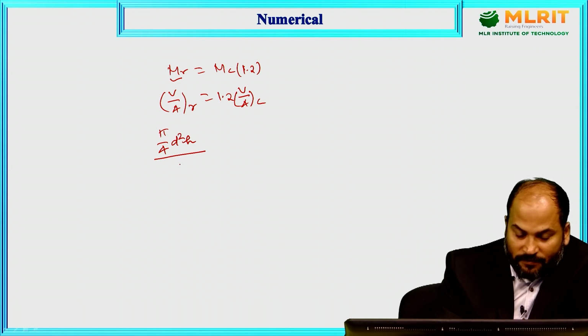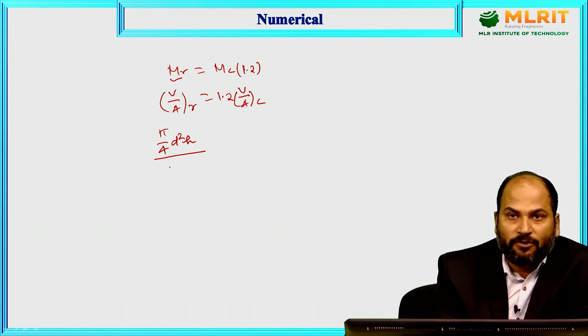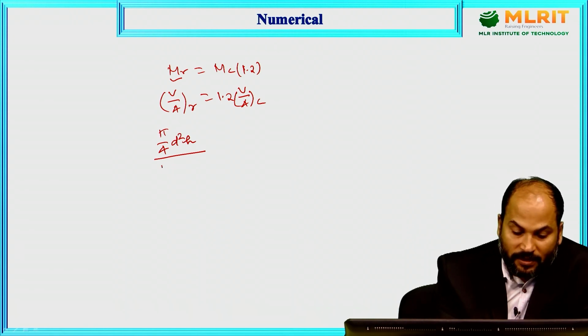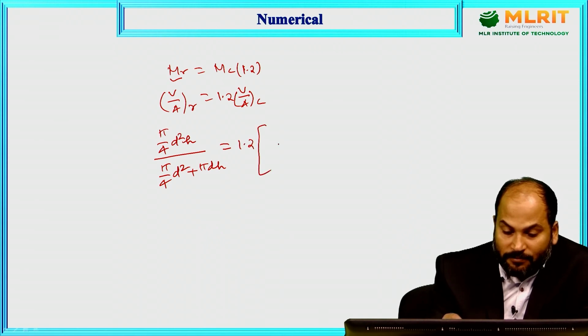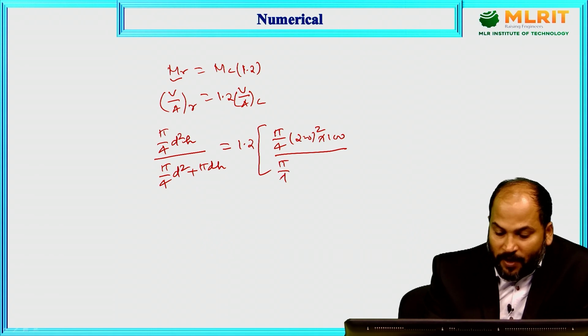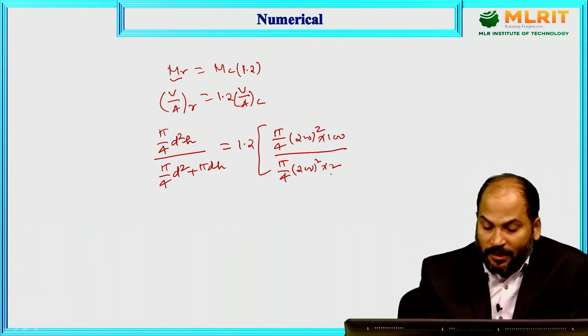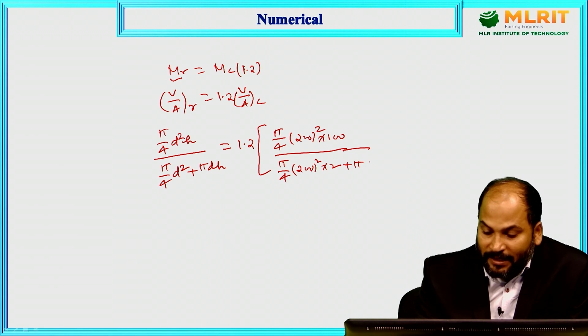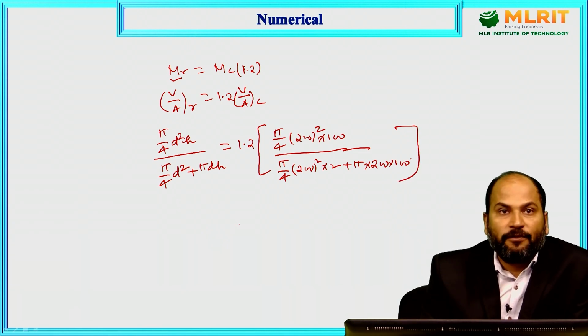For the surface area of the riser, only one circular part is free for heat dissipation, so we write pi upon 4 d square plus the area of the curved part, pi d h. This equals 1.2 times the casting, where the volume is pi upon 4 into 200 square into 100, upon pi upon 4 into 200 square times 2, because there are two circular sections, plus the curved area, pi into 200 into 100. This is for the casting.